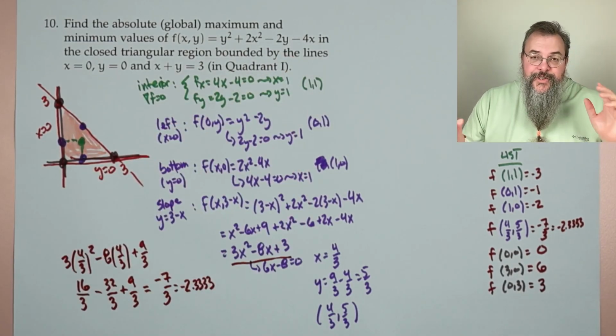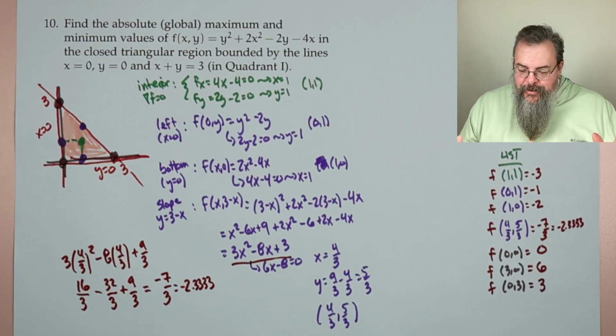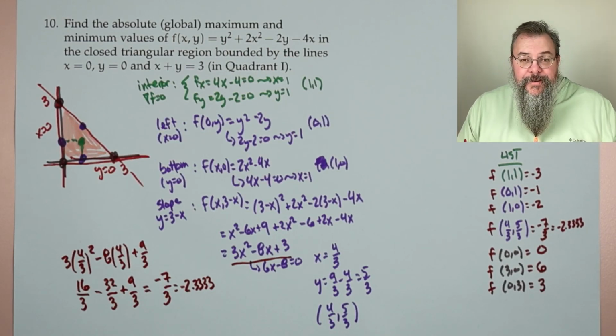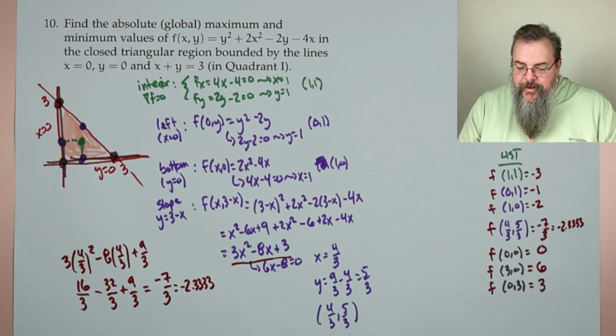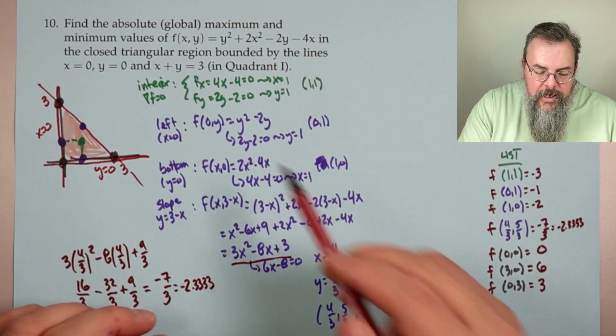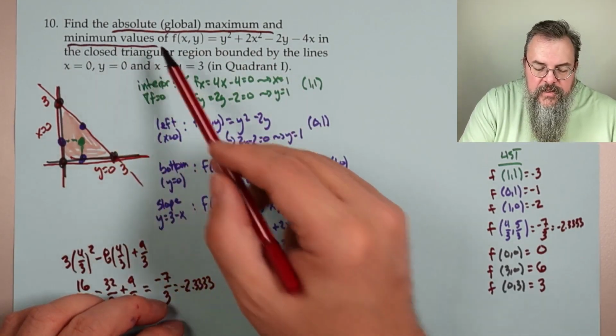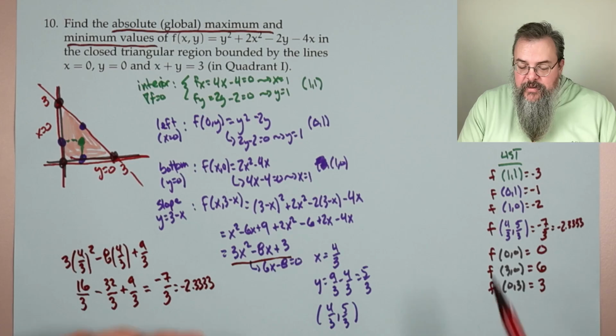All right, so our moment of truth. Here we go. We have our list. And so we start looking at our list. Now, notice what do we need? We need to find the absolute max and absolute min and just the values. We don't need to know the points, just the values.